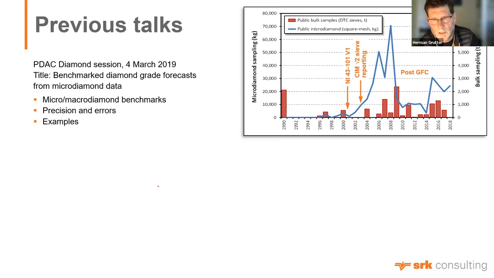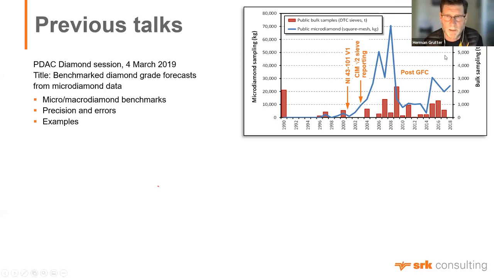And what NI 43-101 caused is a set of disclosure related in particular to the junior mining industry, but it has now crept up in brackets to sort of mid-tier producers as well.